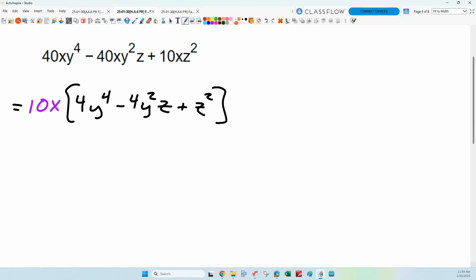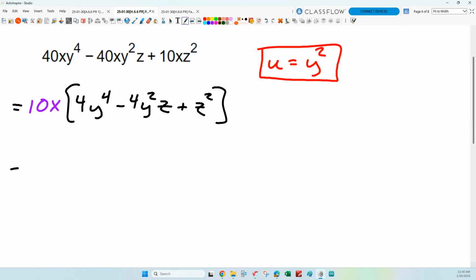Charlie, you see maybe a variable substitution that might be helpful? Yeah, y squared. Something for y squared. Let's call it u. Okay, good. Okay, that's going to help a little bit, isn't it?